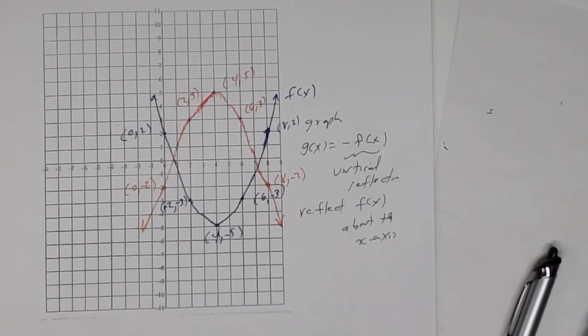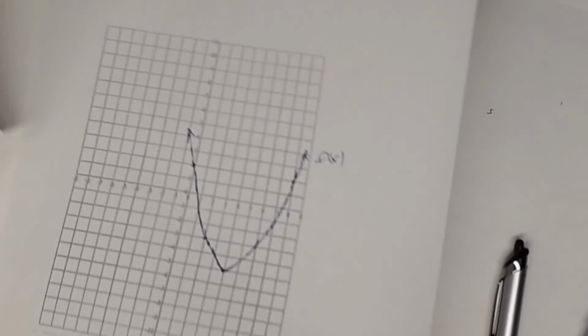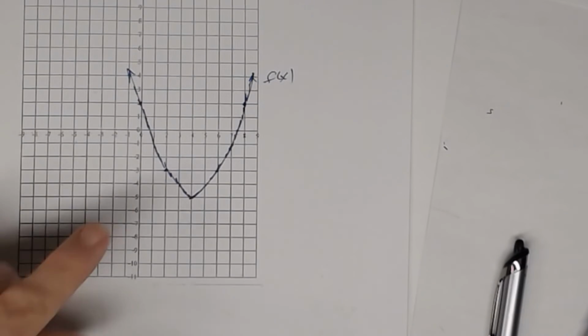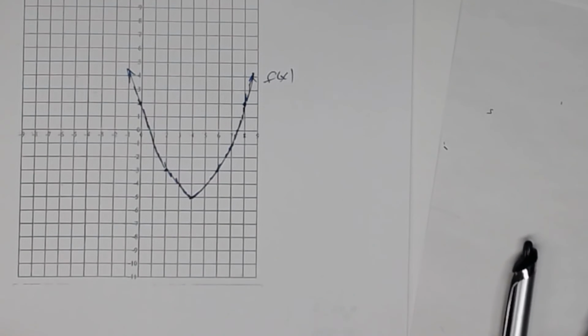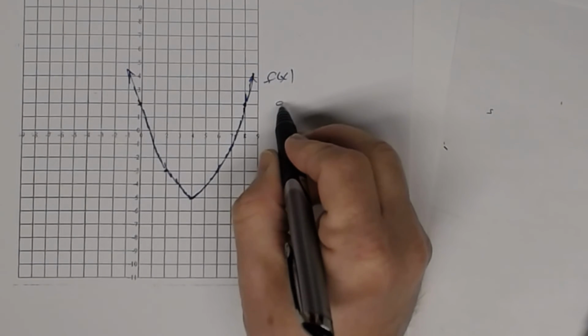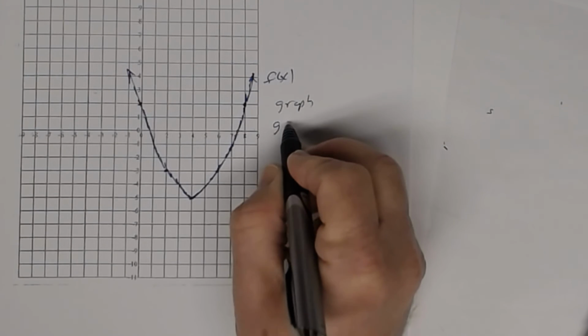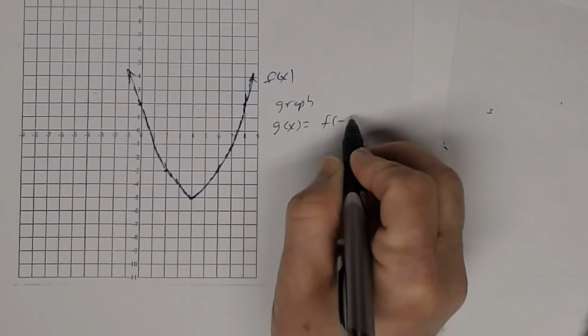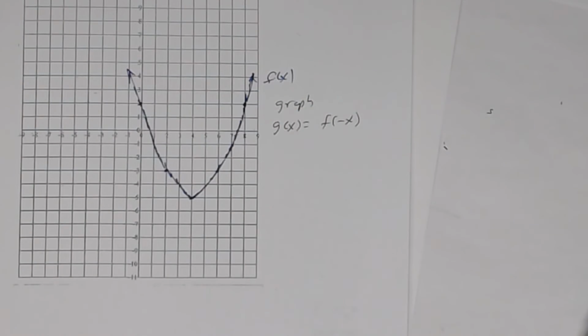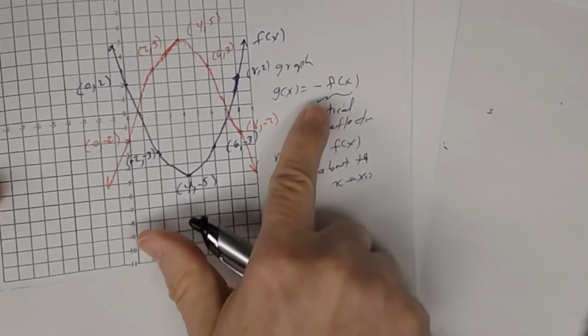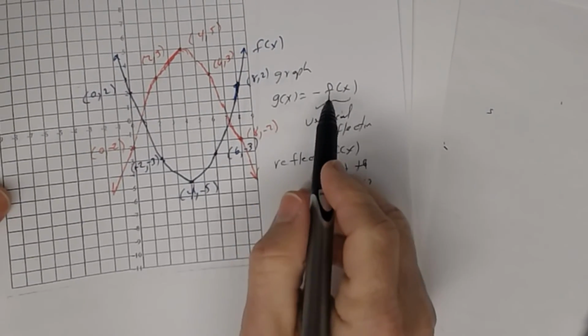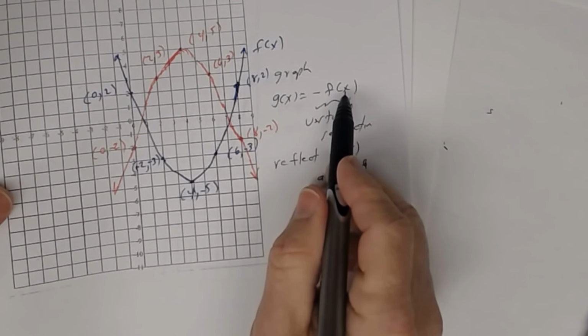All right, so let's do this one now. So let's suppose in this example right here, same graph, but this time let's graph g of x, which is this. So remember the difference. You see the x's are the same. X, x, right?